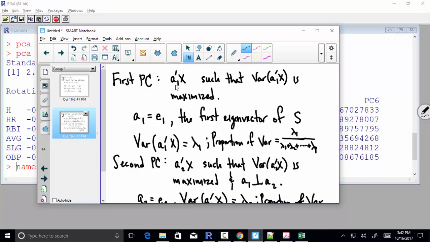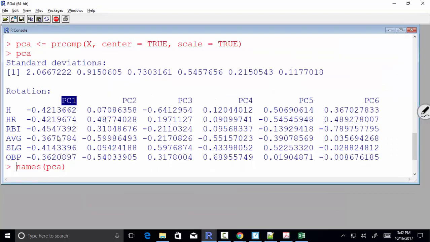So all I need to define that is A. What are the coefficients that we use to define the principal component? This column contains the coefficients that we should use to create PC1.